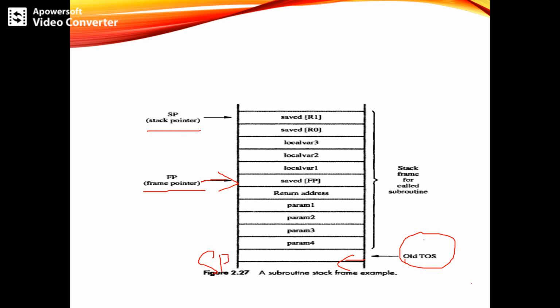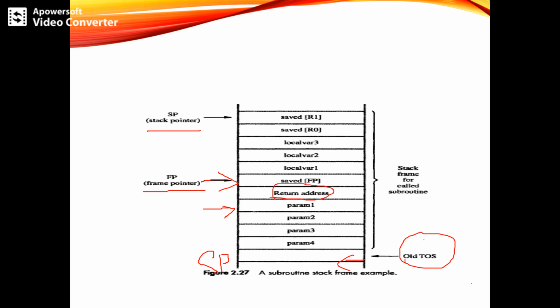Whenever parameters 4, 3, 2 and 1 are pushed into the stack, SP will be pointing towards this one. At that instant, suppose the main program calls a subroutine, so the return address will once again be copied into the stack.